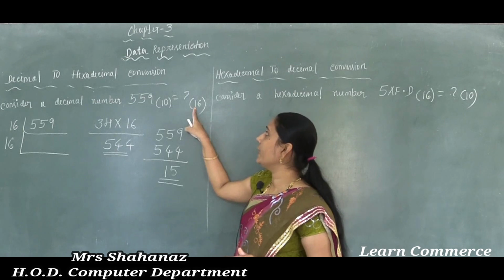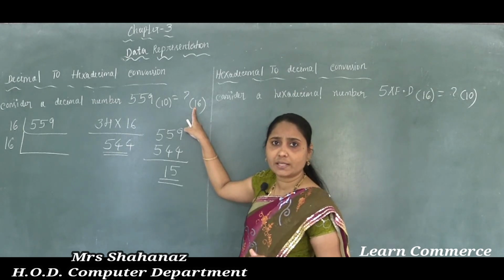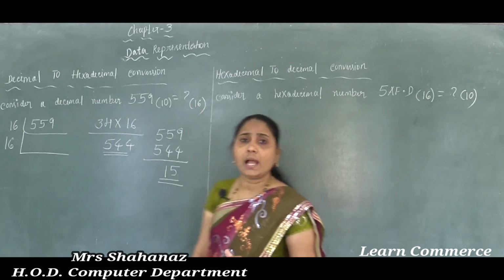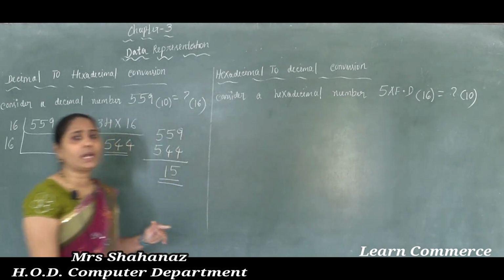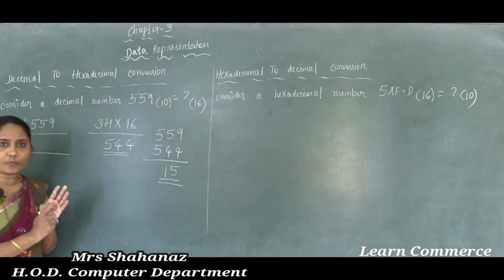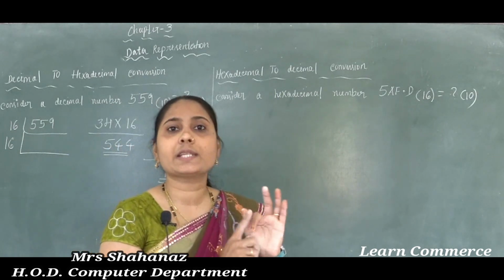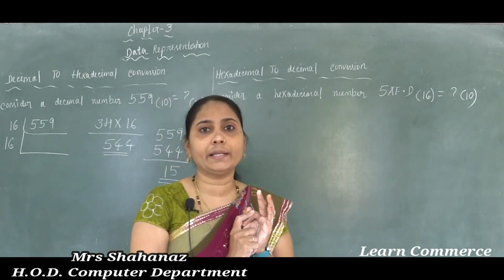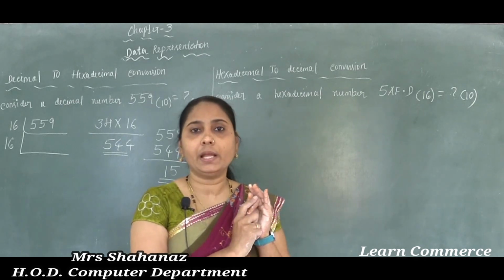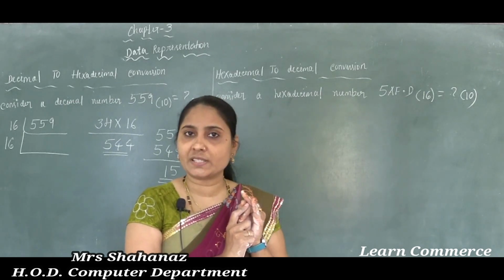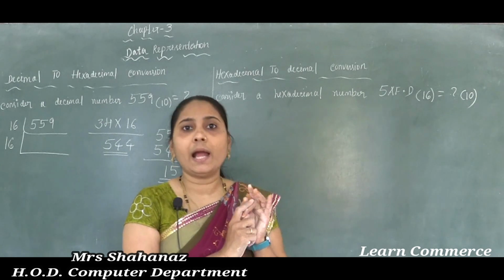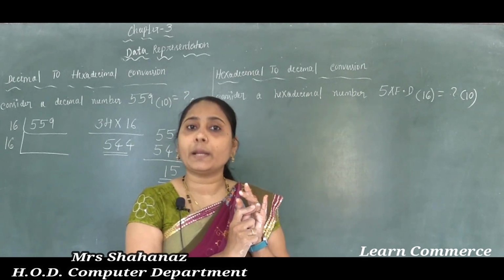We need to show the answer using hexadecimal. Step 2, note the quotient and the remainder. Step 3, repeat step 1, that means divide by 16, and step 2, note the quotient and the remainder.